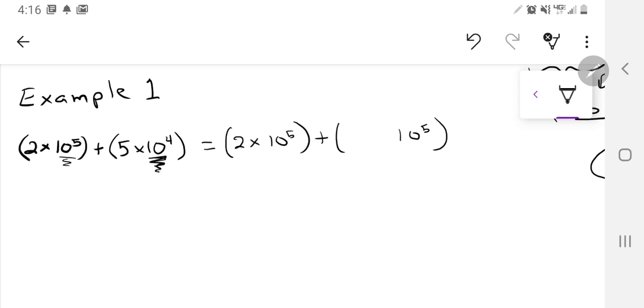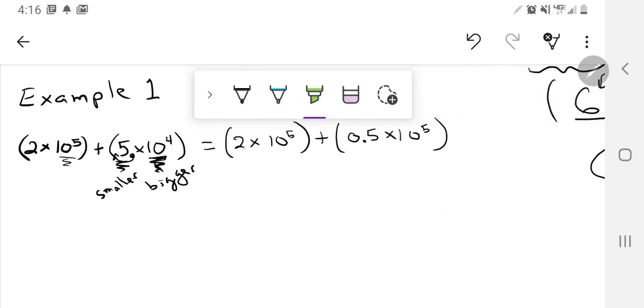Now, since we made that 10 to the 4th bigger, we have to make the 5 smaller. All right, so by one place value. So if the decimal was here after the 5, we just have to make it smaller by one place value. So we have 0.5 times 10 to the 5th.